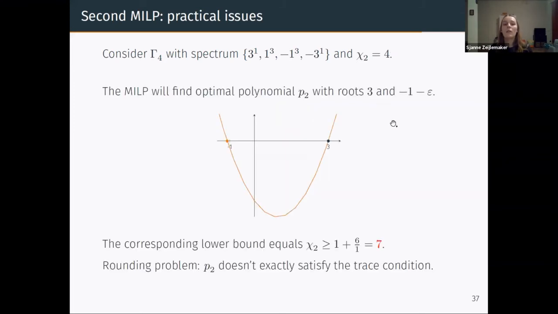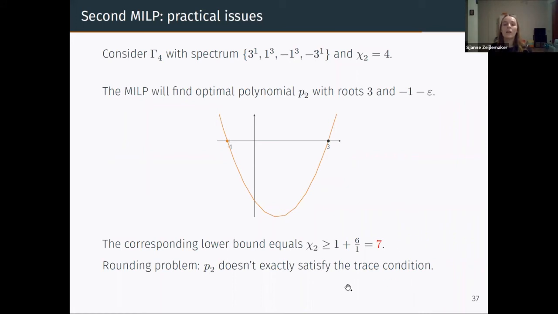However, if we look at what our mixed integer linear program will give us, for example, if we solve it with Gurobi or its stage, we get some optimal polynomial with a root in eigenvalue 3, and another root just before this other eigenvalue -1. If we compute the bound, that actually gives us a lower bound of 7, which of course makes no sense because the actual answer is 4.